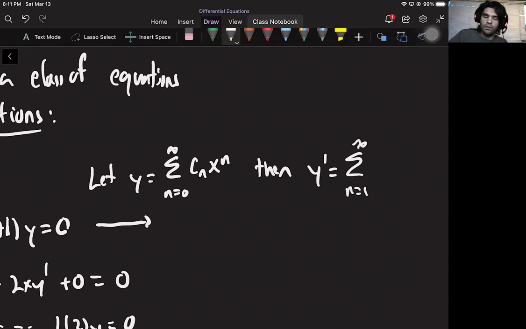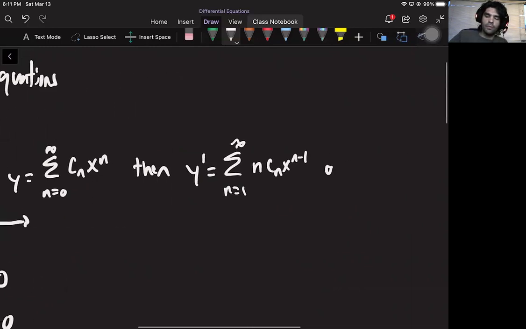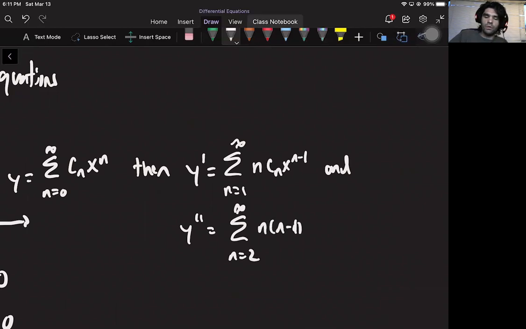I bring the power down, subtract 1 from the power, and y double prime will be starting at 2 now, because the first two are 0, n times n minus 1, x to the n minus 2. Oops, I'll often forget to write the constant, but that's the whole point, is to find those things. Cn x to the n minus 2.